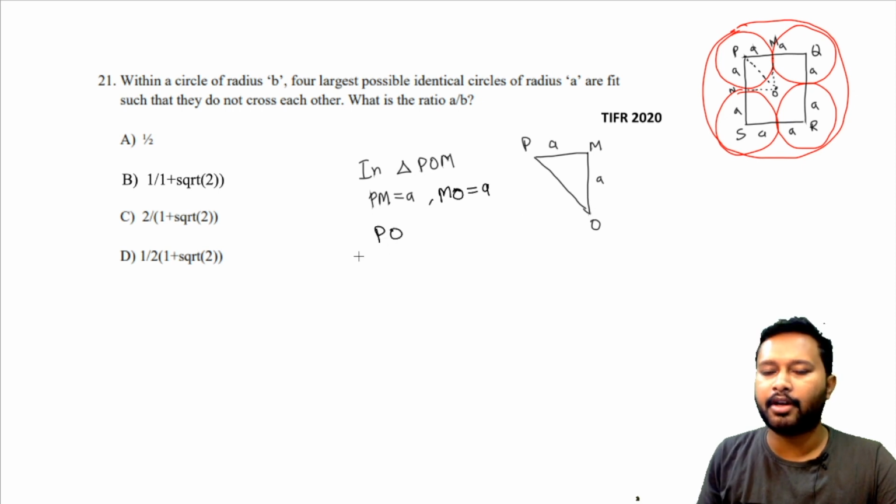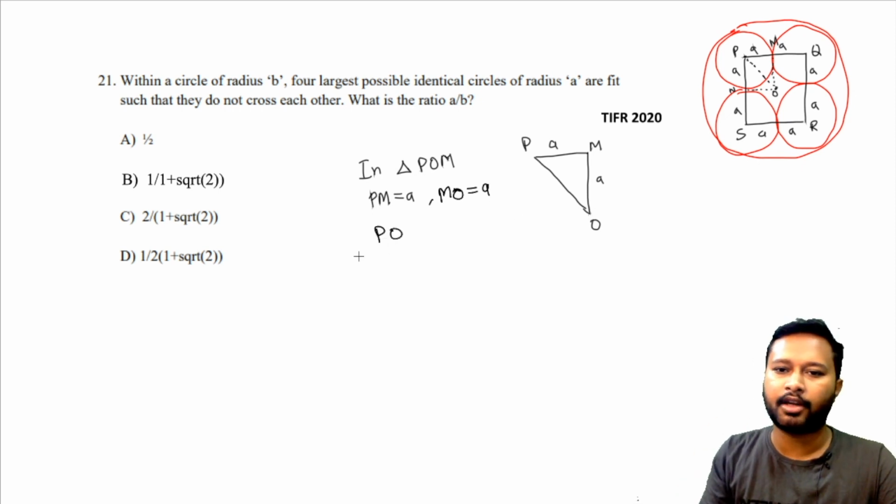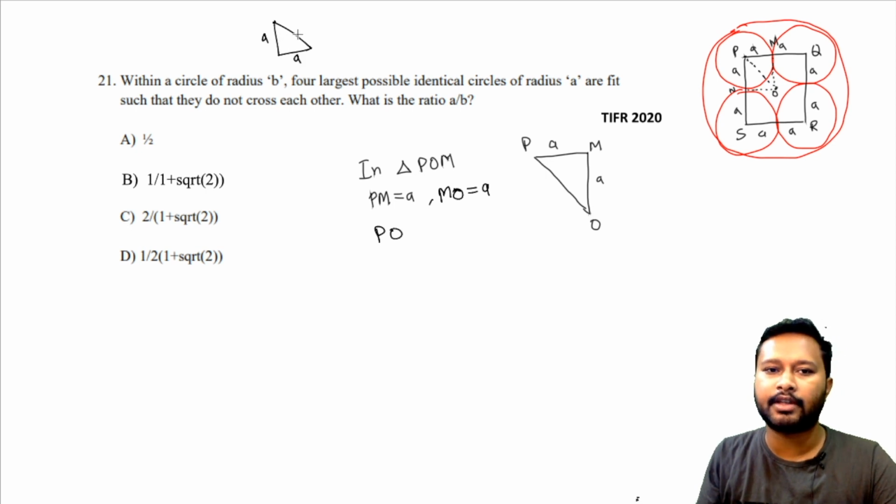Now remember, I am not going to do Pythagoras theorem once again. It's very simple that if it is a right triangle and the other two sides are A's, then the third side, the diagonal, is always equal to root 2 A. So that makes PO equal to root 2 A.